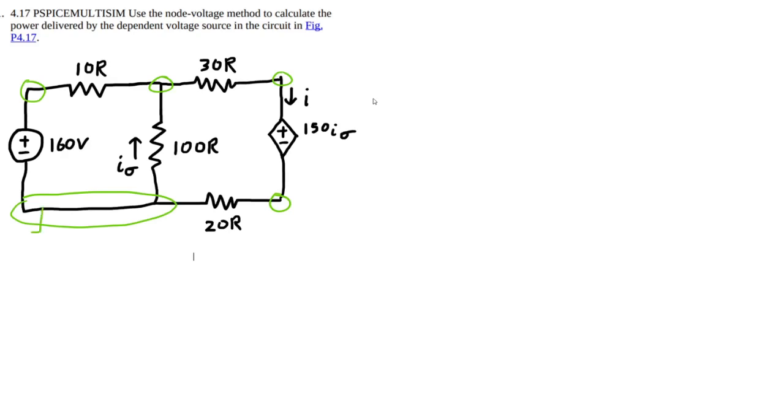I'm going to call this the ground reference, because that'll make this one at 60 volts. Call this V1, call this V2, call this V3. Okay, so everything is simple so far. Next thing I'm going to do is define this voltage, we call this voltage V sigma.